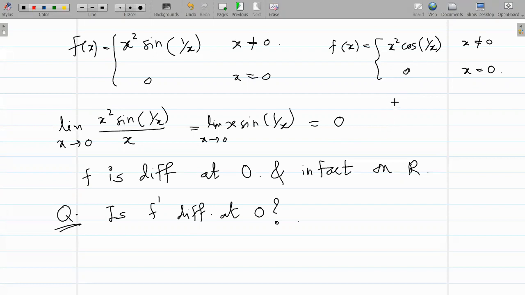So sit down once and solve it, to see what happens near zero. First of all, look at the behavior of cos 1 by x. Yeah, it will have a similar kind of behavior. Anyway, need to check.